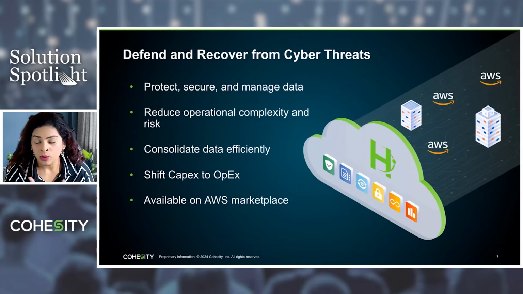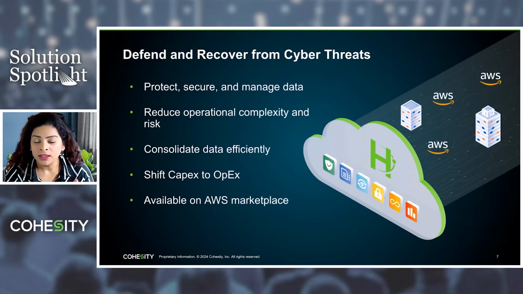And also, one of the biggest reasons that customers love Cohesity DataProtect as a service is because it's available on the AWS Marketplace. And how is this useful for them? A lot of you may already have an enterprise discount program, or EDP, with AWS, where you have committed to spend a fixed amount of dollars on AWS Cloud.